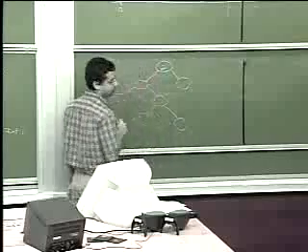In the Patricia tree, each node also identifies the bit position that it's looking at.